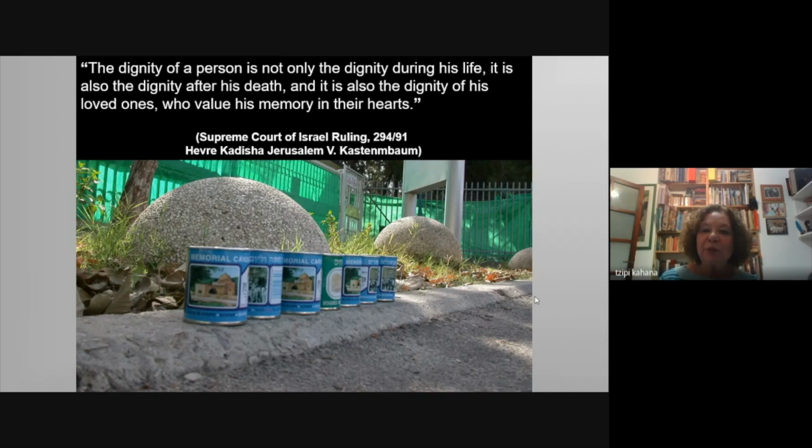People have to be buried with dignity by themselves, not commingled with other bodies. And also the identification preserves the dignity of the people that love this person that has died in the disaster. Thank you very much.